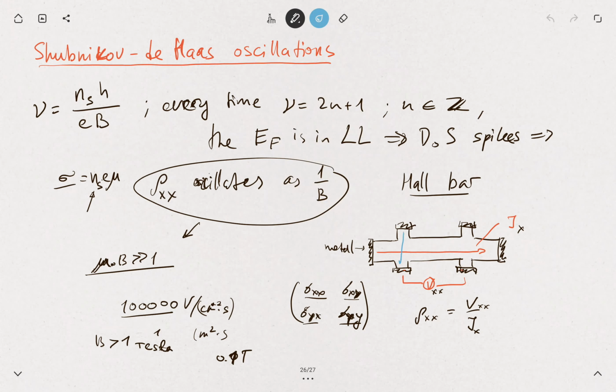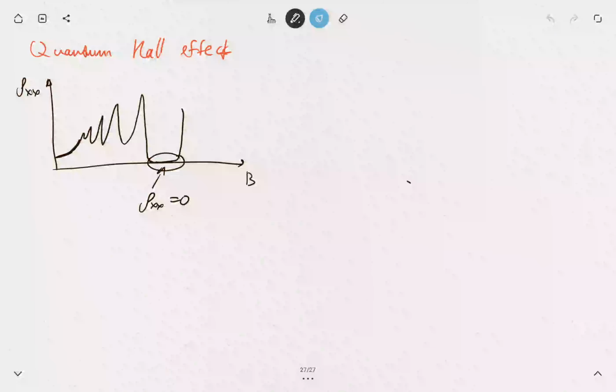At the same time, when you measure voltage across those two terminals, this is Vxy, then you can define rho xy as Vxy over J in the x direction. Then rho xy also oscillates.